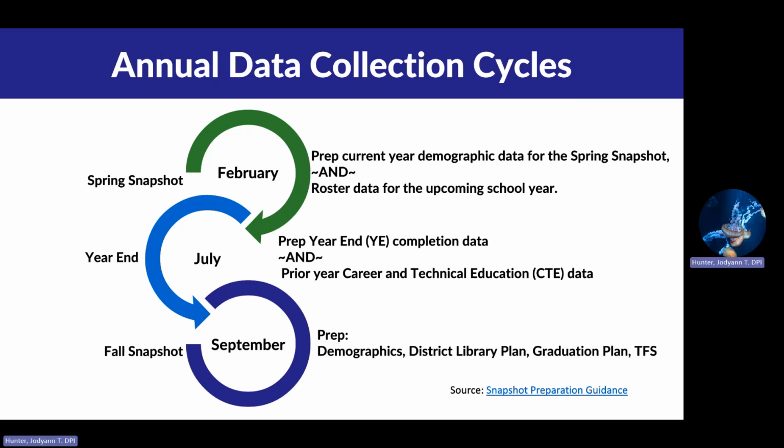The year end data preparation usually starts in July. And this includes the prior year career and technical education data, also known as CTE. And lastly, preparation starts in September for the fall snapshot. This covers demographics, district library plan, graduation plan, and third Friday of September count, also known as TFS.